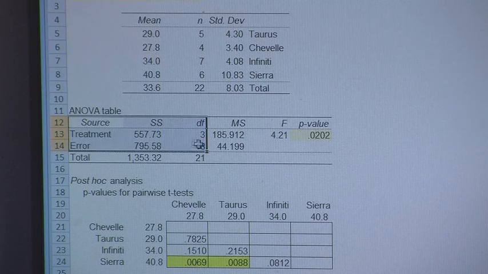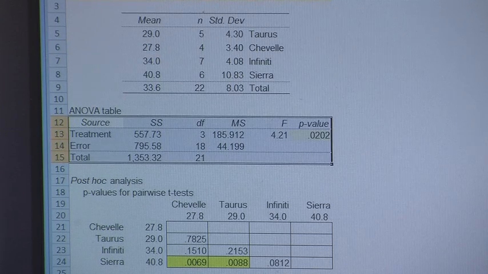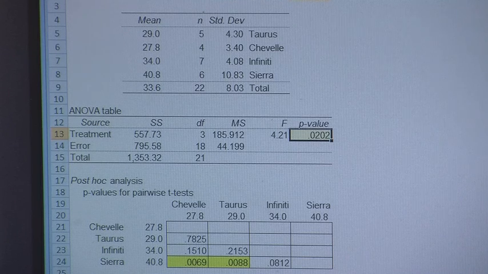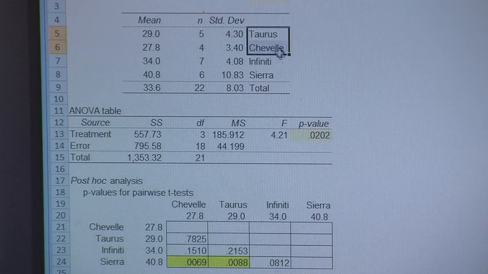At this point in the semester, we're not concerned with anything in the ANOVA table except for the p-value. And you see here that the p-value is 0.02, which is less than our critical p-value of 0.05. So we reject the null hypothesis. In other words, we conclude that not all of these vehicles get the same average fuel mileage.